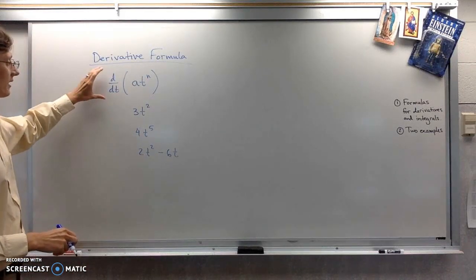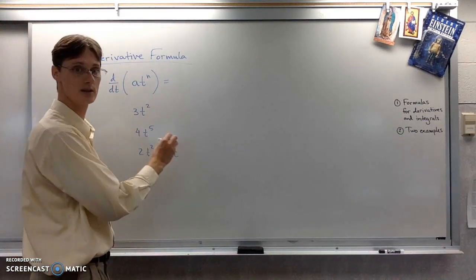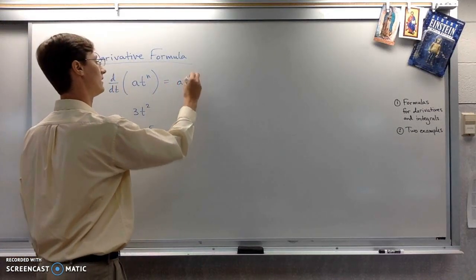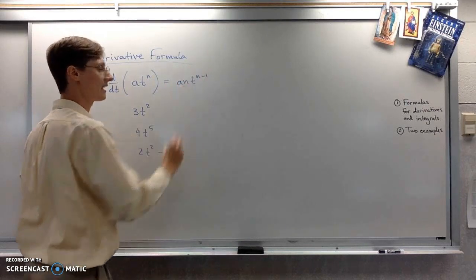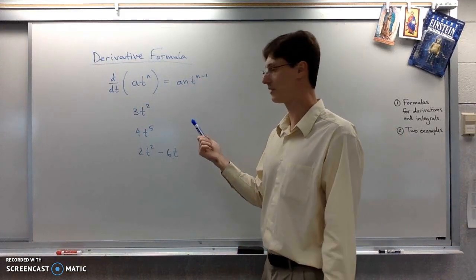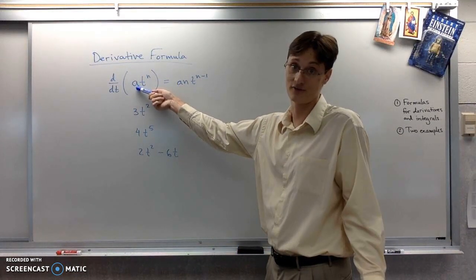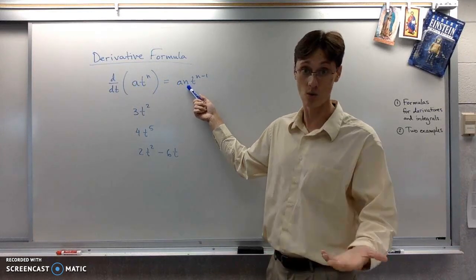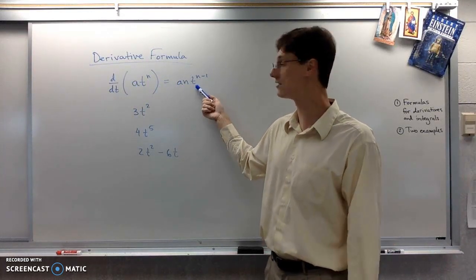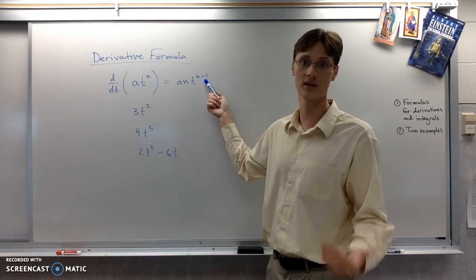All right, what the derivative for a power function works out to always is going to be a n t to the n minus 1. The meaning of this is basically that you will take a, the constant that's out front, times the old exponent, and the new exponent for your variable is your original exponent minus 1.